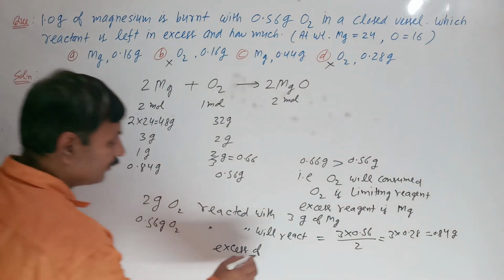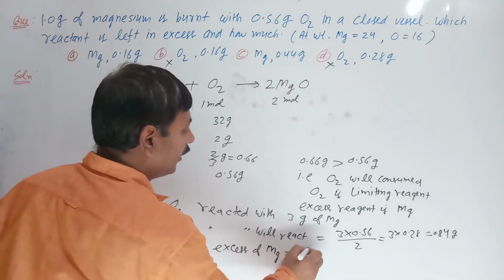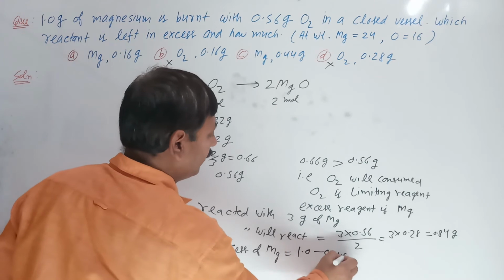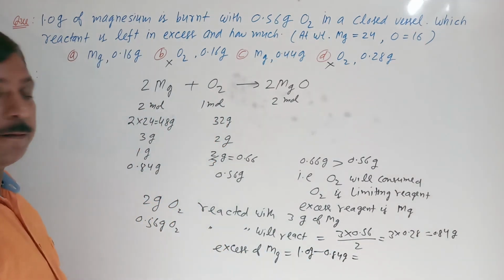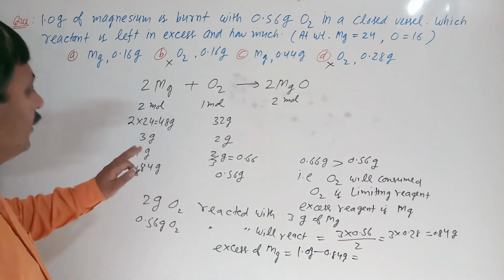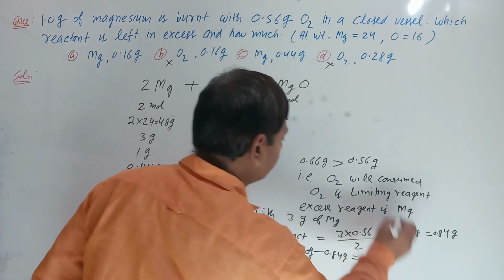The excess of magnesium is 1 minus 0.84. 1 gram minus 0.84, so it will come 0.16 gram.